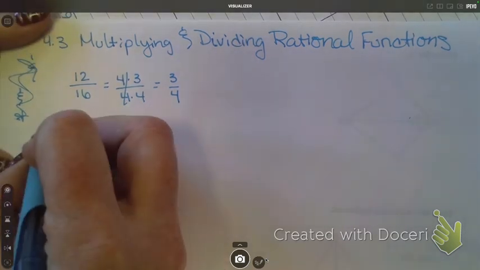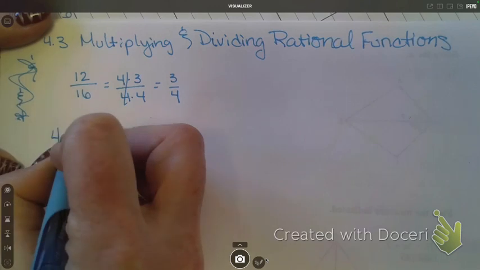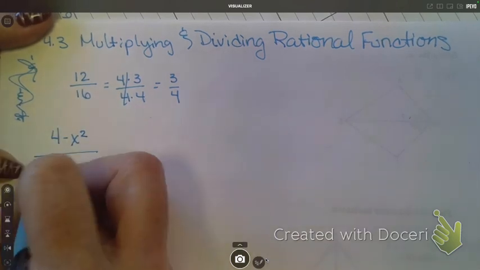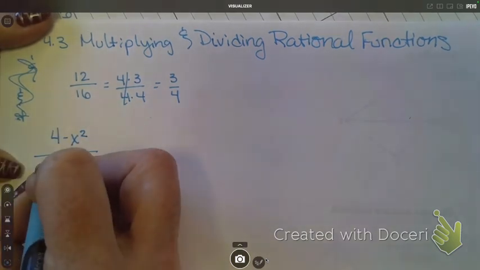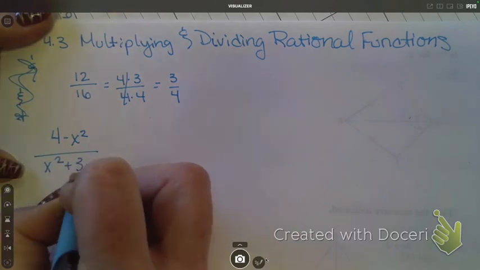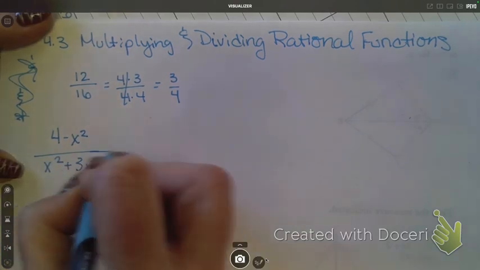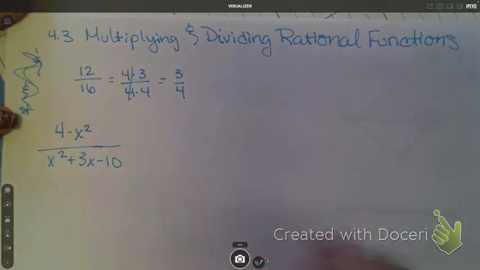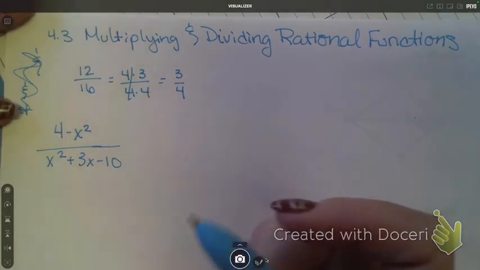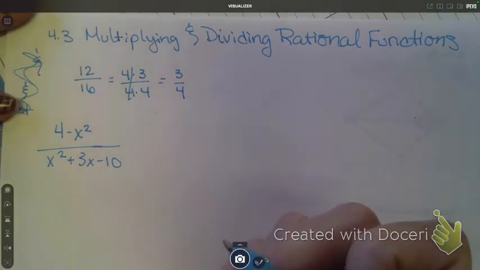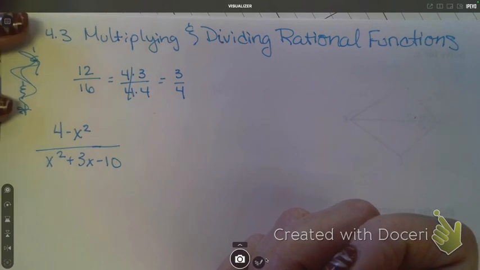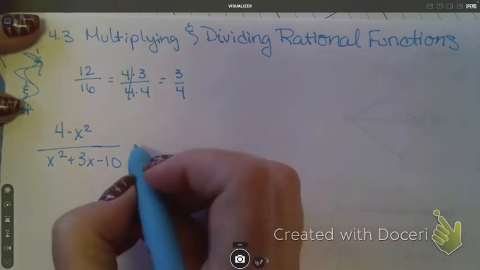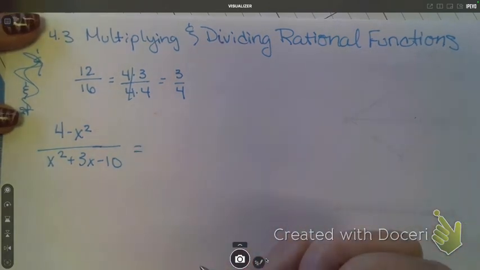Okay. So 4 minus x squared over x squared plus 3x minus 10. When we did our review skills, we just reduced these. Well, when you're reducing them, aren't you dividing them? Yes. So, what would you do with the numerator?